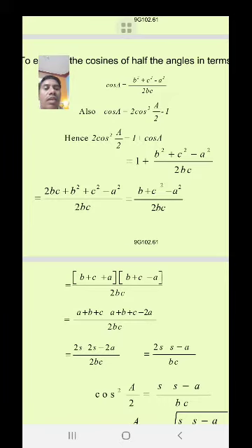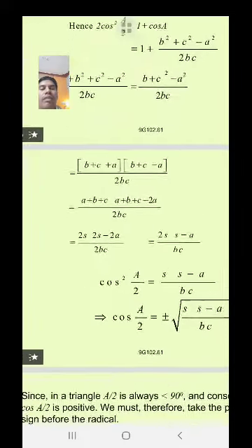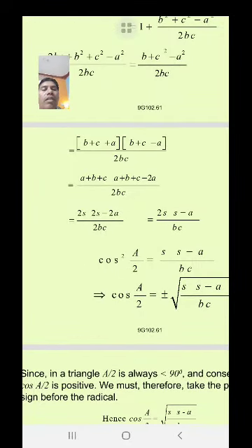So we can write it as two factors, that is (b plus c plus a) into (b plus c minus a), whole divided by 2bc. The first factor is a plus b plus c.